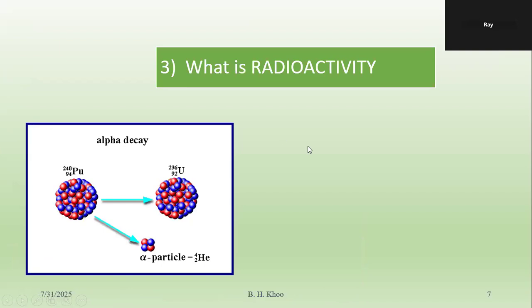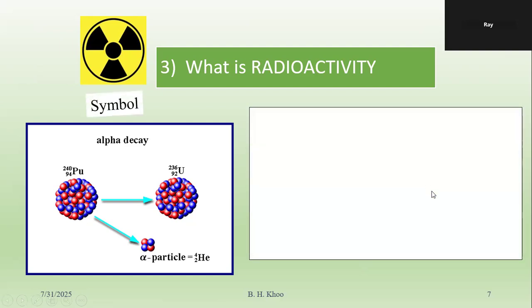What is radioactivity? Memorize it. There's a symbol that, if there is any radioactive material around or a radioactive experiment around, then usually we will have a sign there, or radioactive material being used. That's a simple sign.